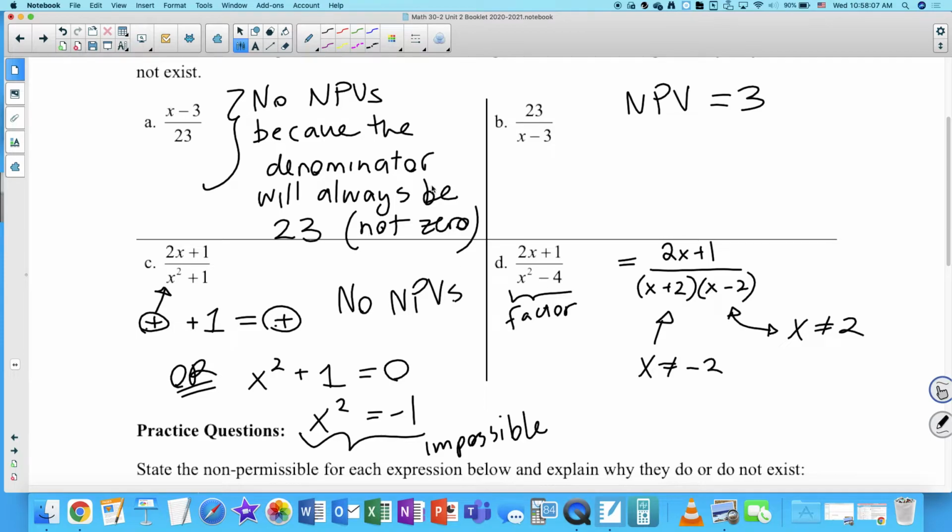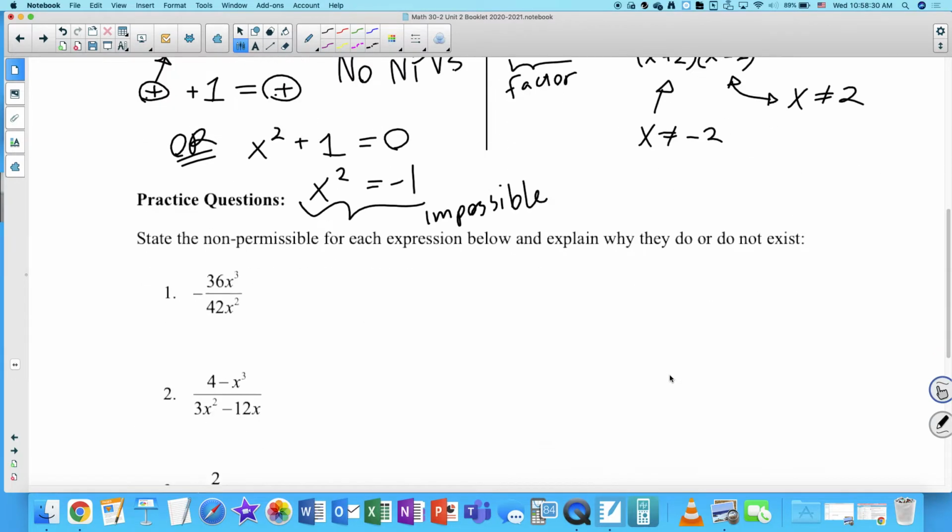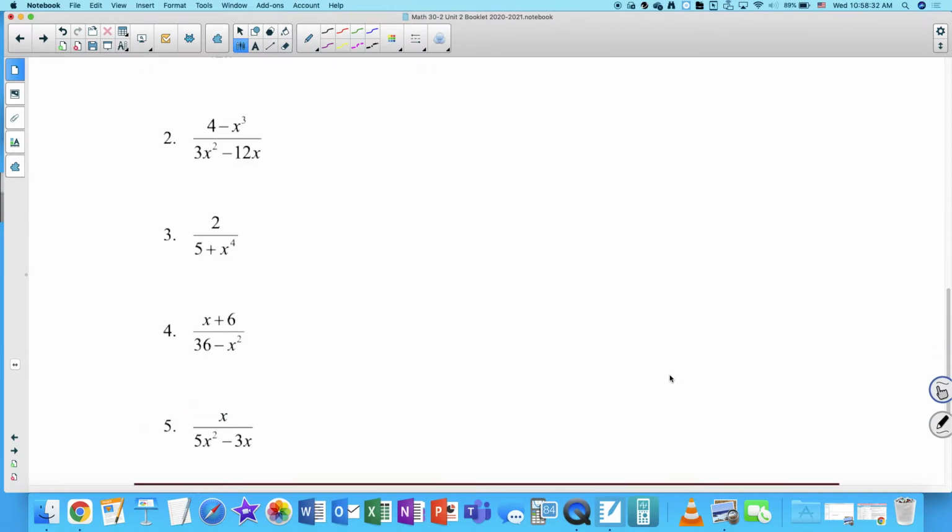So in general, how do we solve these problems? Well, look at focusing on the denominator. If you can factor it, factor it. If you can't, then just focus in on the denominator that you have and ask the question, what value of x will make this 0. Okay? All right. Here's some questions for you guys to try.